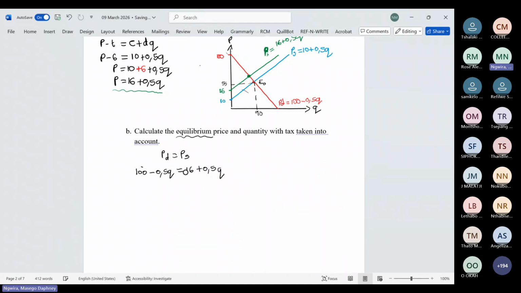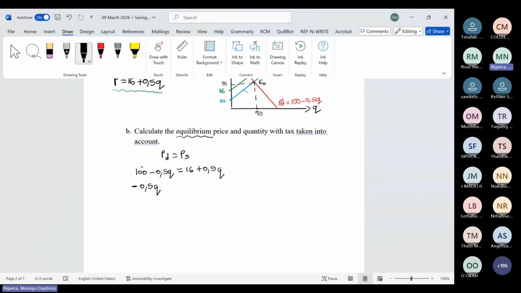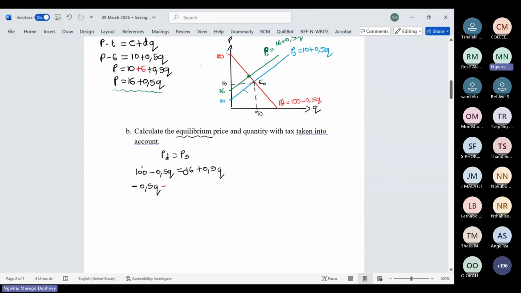And then like terms on one side. We add apples and bananas. So I'm going to take the 100 to the other side and take this 0.5 too. So I already have negative 0.5. Remember, the sign before the number belongs to that number. And then I'm going to move this other 0.5 to my left-hand side. It's going to be a minus 0.5, and this is equal to 16 on this side.